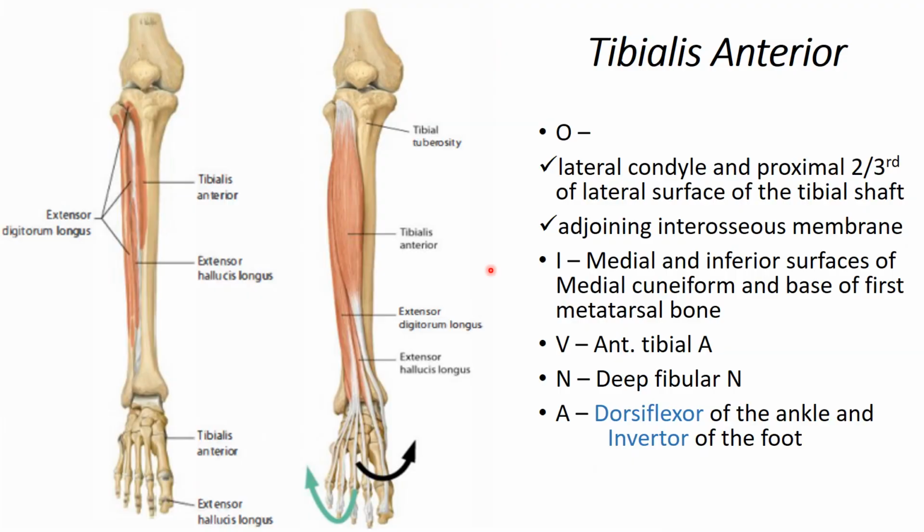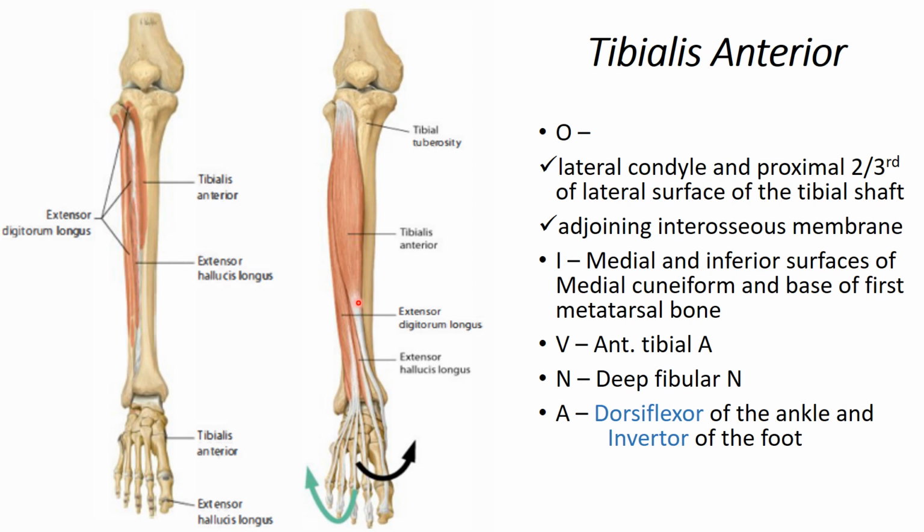The first muscle is the tibialis anterior. It originates from the lateral condyle of the tibia and the proximal half or even two-thirds of the lateral surface of the tibial shaft, and the adjoining portion of the interosseous membrane.